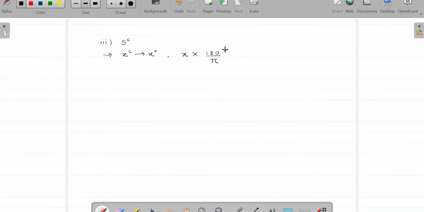And therefore 5 radian, which is equals to 5 into 180 upon pi degree, and which is equals to 5 into 180 is 900 upon pi degree, and therefore 5 radian is equals to 900 upon pi degree.